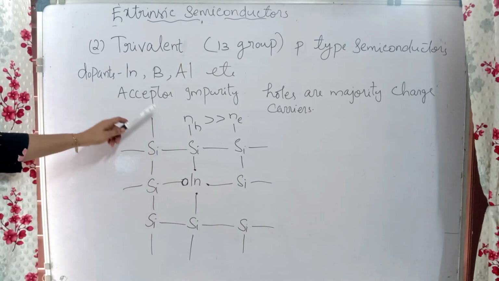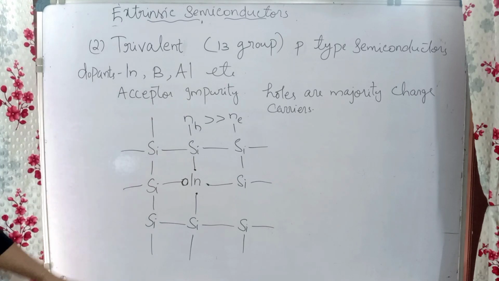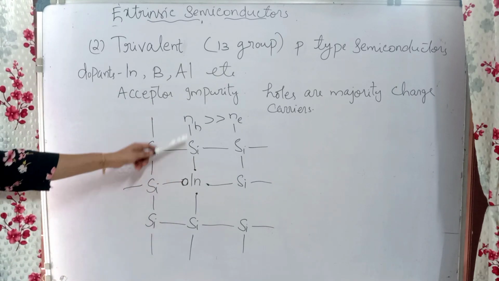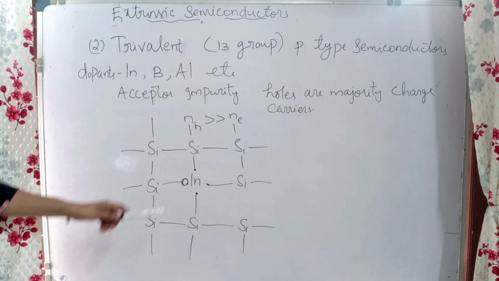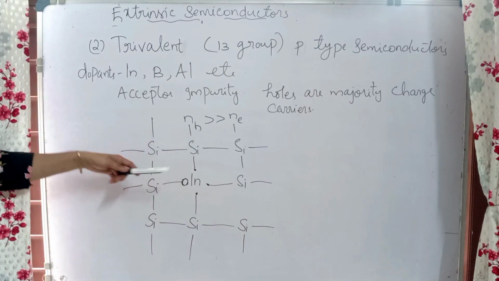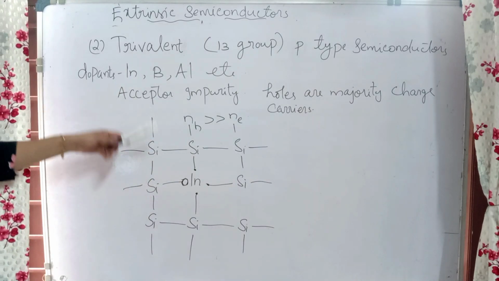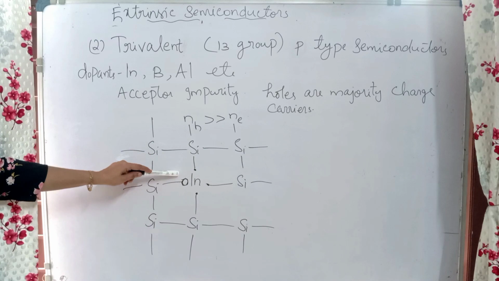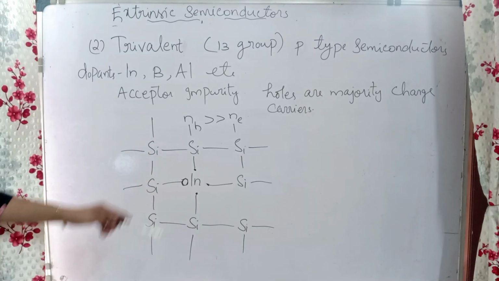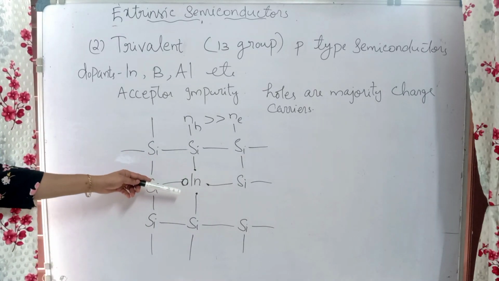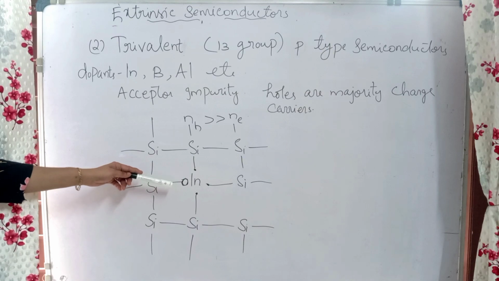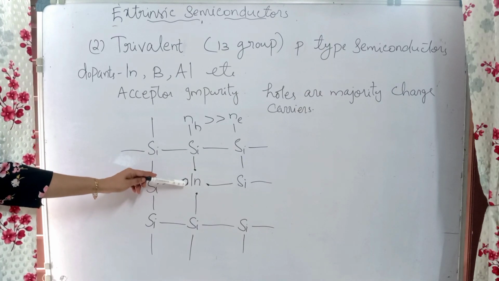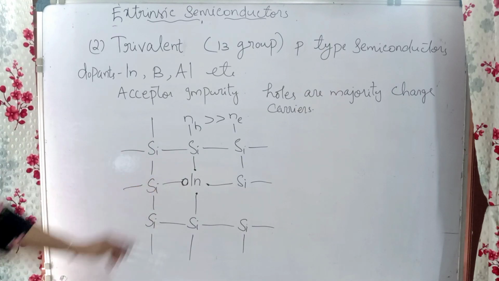So that is why it is called acceptor impurity. That means this will accept electrons from other atoms. Okay, so whenever we are adding more impurities, that means indium atoms, that many holes will be created here. So this hole will act as a vacant space or a positive charge. So electrons will be attracted towards this.